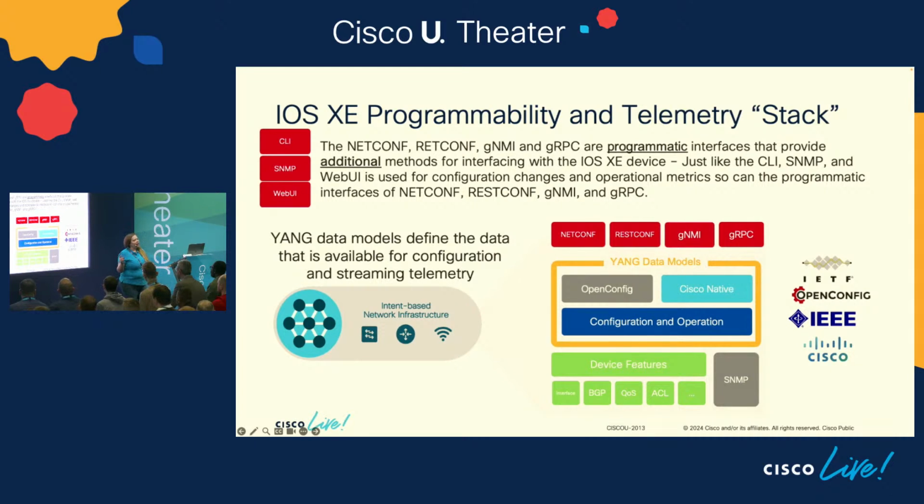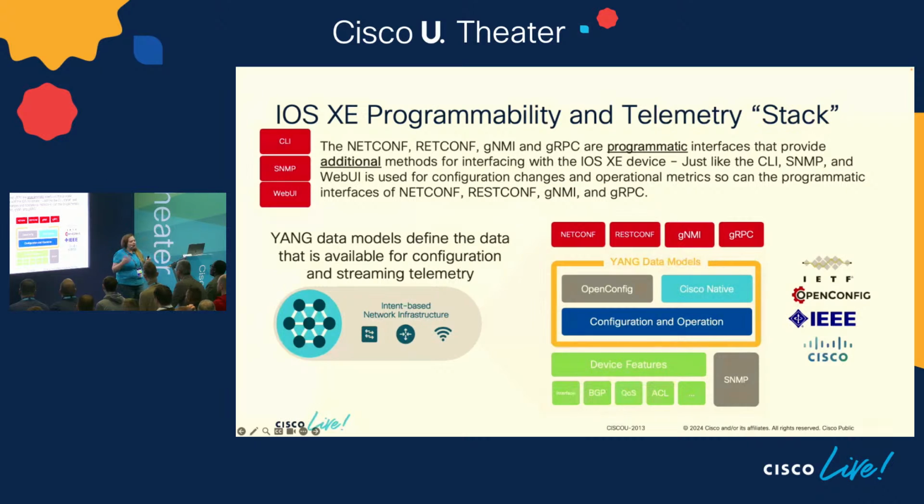So the first that we have is our Cisco native models. And these are specific to anything Cisco related, if you can't tell by the name. So with the Cisco native models, this is anything within the running config of your device. It will be modeled in Cisco native. We also have our OpenConfig models, and these are more generic.